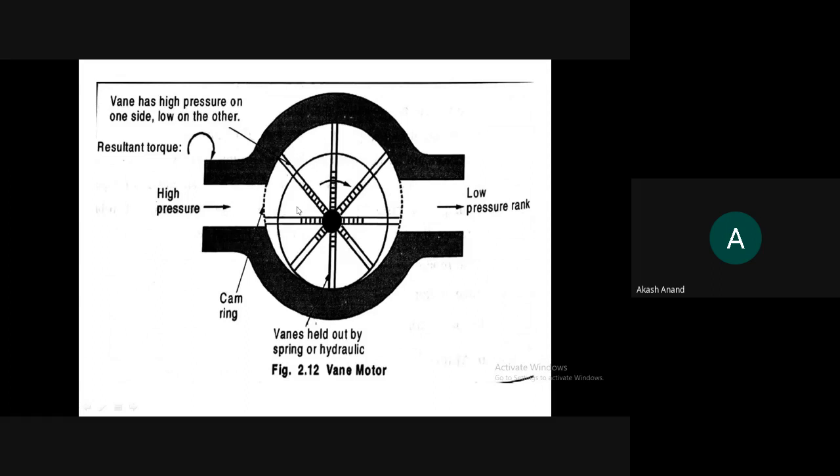It has a certain volume to expand, and when it leaves through the exit port, the area is comparatively higher, so the pressure will be lower. With the help of this expansion of fluid, the vane motor is creating rotary motion as output.